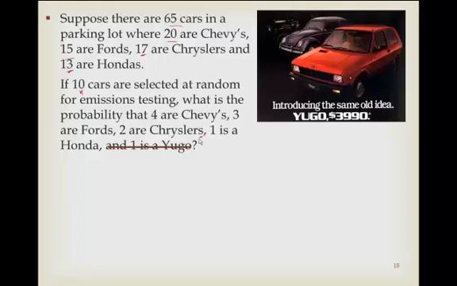Okay, so let's see if we can calculate this. We're essentially saying the probability that we're grabbing 10 and getting 4 Chevys, 3 Fords, 2 Chryslers, and a Honda. If we write it all out, the general hypergeometric is just going to be a product of combinations. What is our K for the Chevys? 20 is our K, right? That's the maximum that we've got, and we're choosing 4.